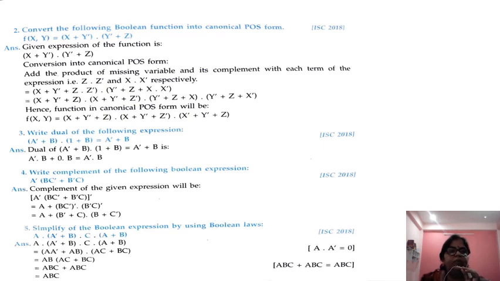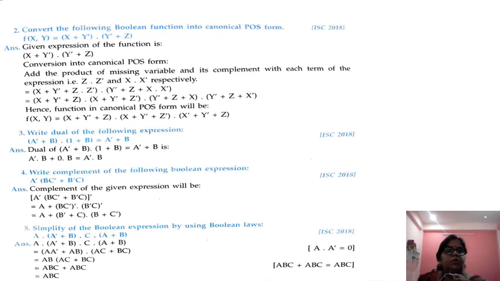In the previous lesson we learned that for the missing variable we add the variable and its complement: here z and z complement, here x and x complement.